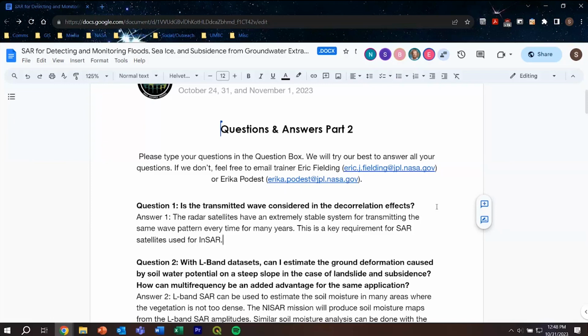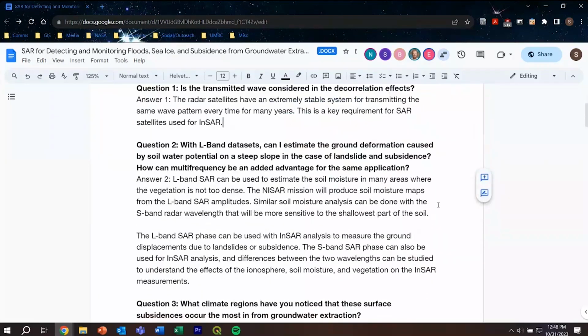Okay, great. Question number 2. With L-band datasets, can I estimate ground deformation caused by soil water potential on a steep slope in the case of landslide and subsidence? How can multi-frequency be an added advantage for this sort of application? So the L-band SAR can be used to estimate the soil moisture content.